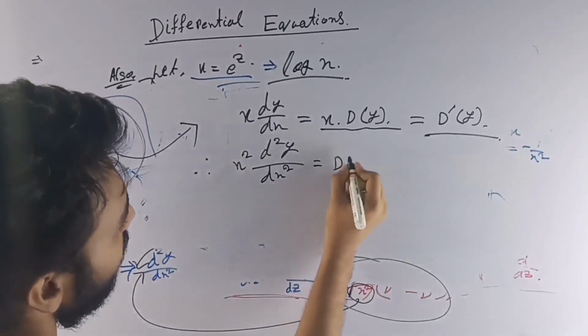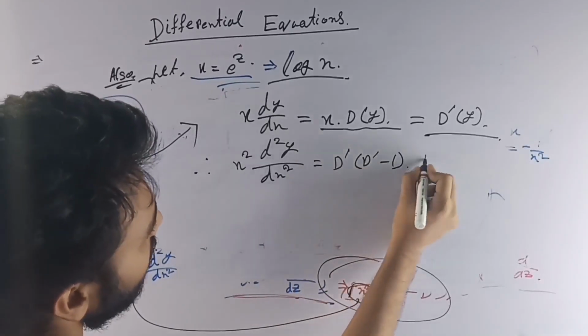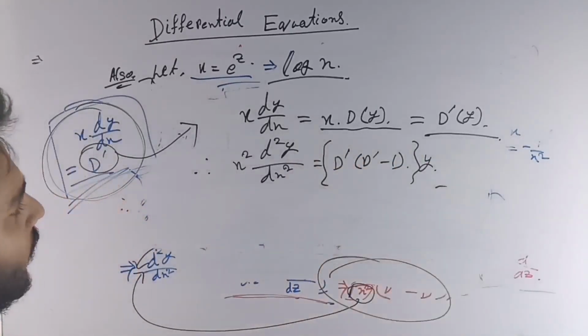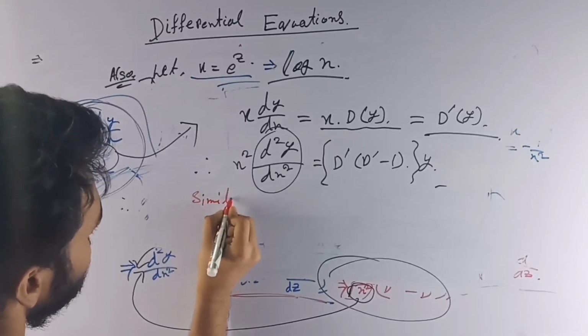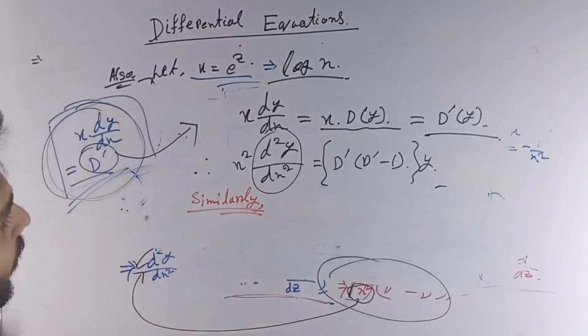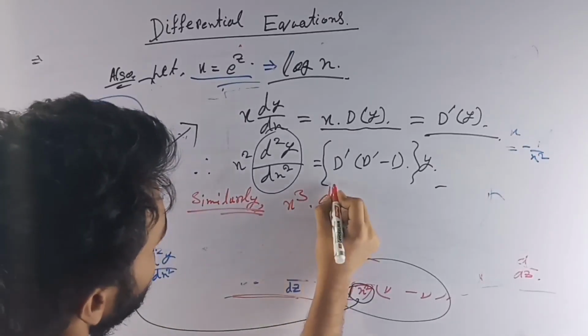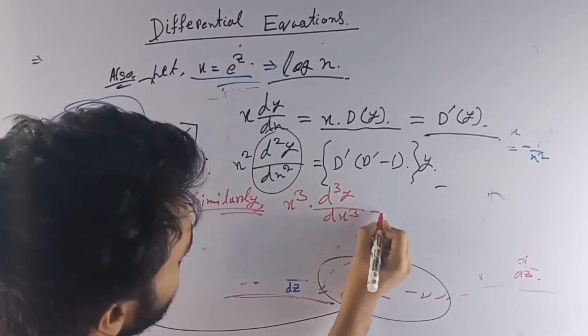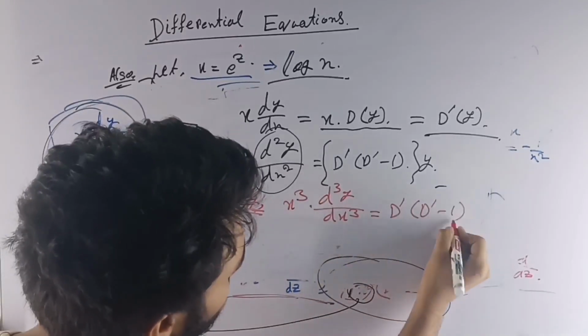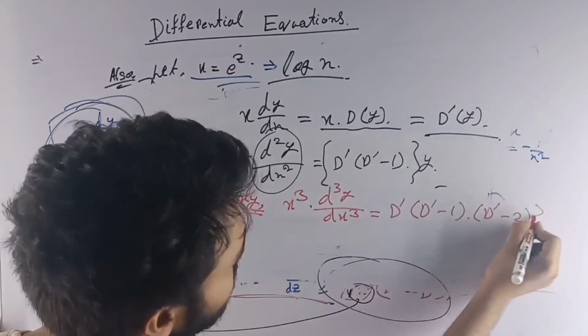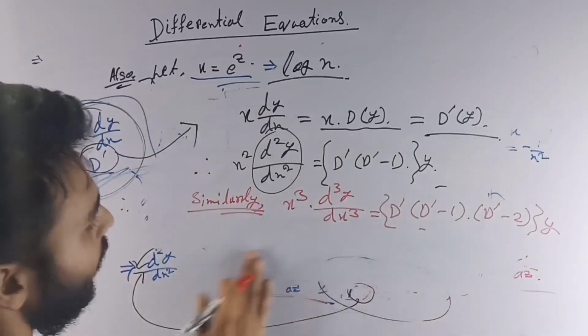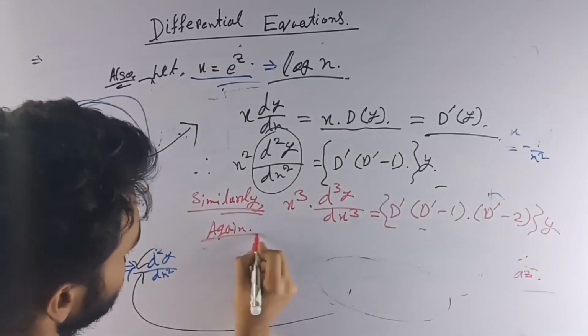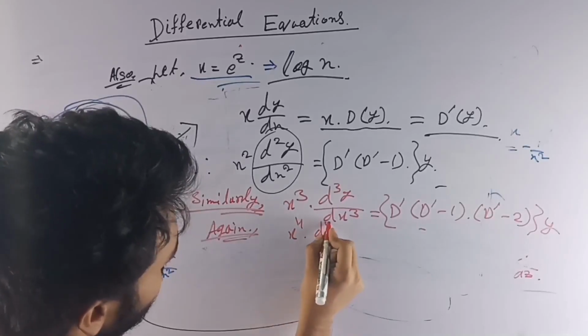So now x square times d2y by dx2 equals D naught times (D naught minus 1) times y. Similarly we can write it for x square, x cube, x to the power 4, dot dot dot, x to the power n also. Now write here x cube times d3y by dx3 equals D naught times (D naught minus 1) times (D naught minus 2) of y.